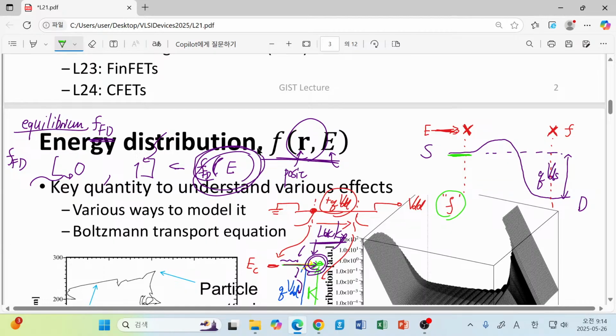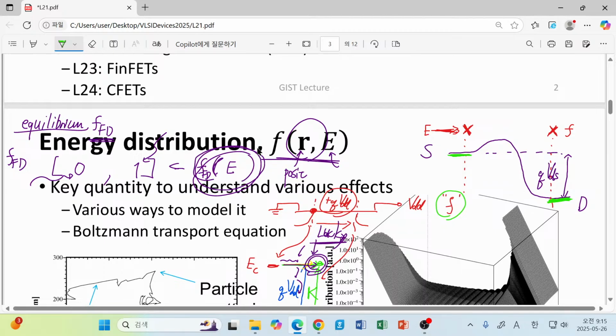Please think about this drain side. Where do you expect your local quasi-Fermi level to be found? Do you still have an electron quasi-Fermi level near this point? Of course not. Since the doping density in this case is also quite high, your quasi-Fermi level will follow the conduction band minimum value.